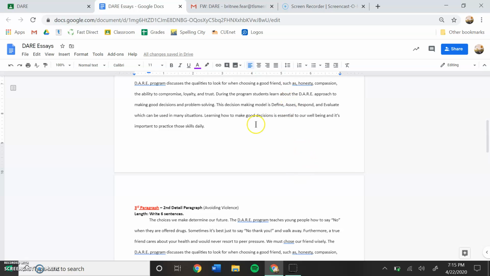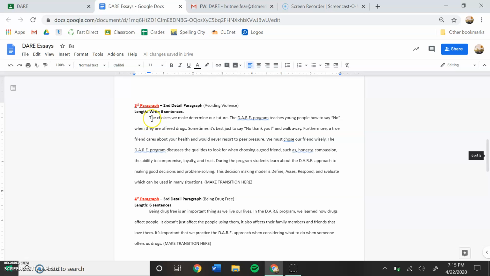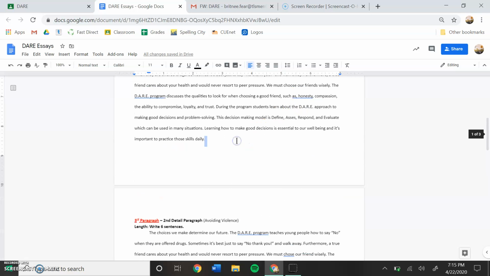And so here, at the end of this paragraph, I'm going to transition from making good choices into avoiding violence, because I know that this third paragraph here is about avoiding violence. First, you want to just go ahead and read through, check for grammar issues, make sure everything is capitalized, correct punctuation, and then you're going to make a transition sentence.